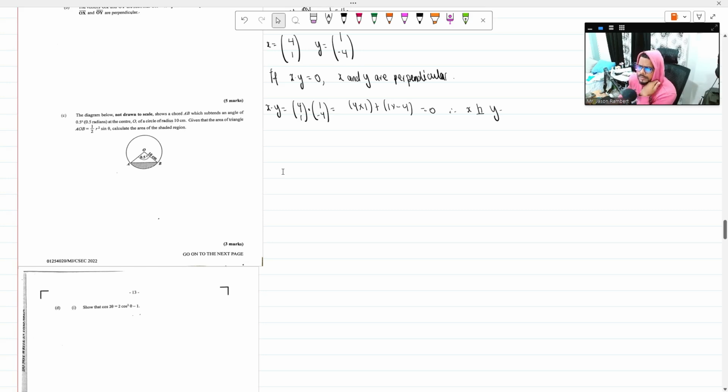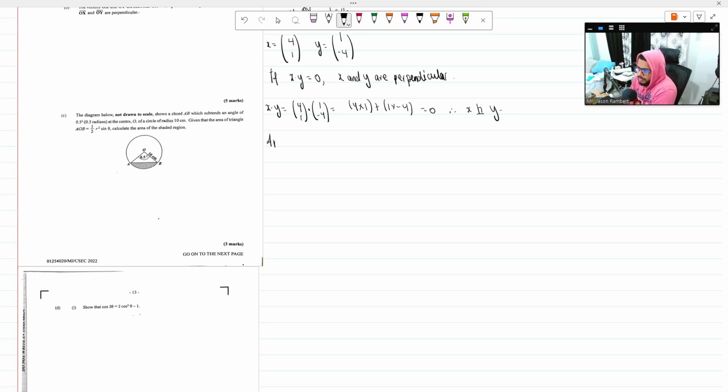The diagram below, not drawn to scale, shows a chord AB which subtends an angle of 0.5 radians at the center of a circle of radius 10 centimeters. Given that the area of triangle AOB is a half r squared sine theta, calculate the area of the shaded region. So I have to calculate the area of the sector.